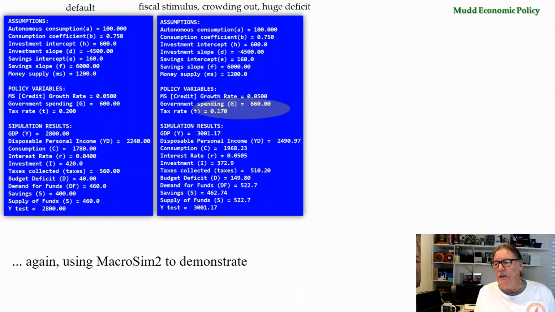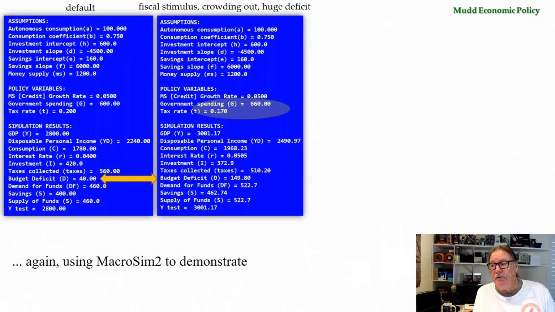And you can see plainly in the model that it does, because you can see GDP rises from 2,800 in our simulation to 3,017. But we know from our previous work with the macrosim models about 5 weeks ago that interest rates rise in isolation if this happens because that's crowding out, and investment falls, which of course is about the last thing you want if you're trying to stimulate the economy.